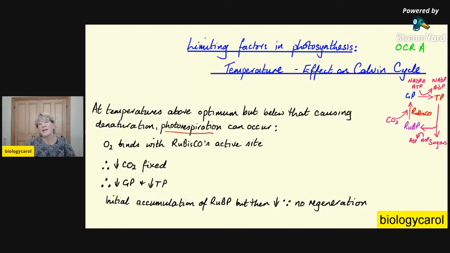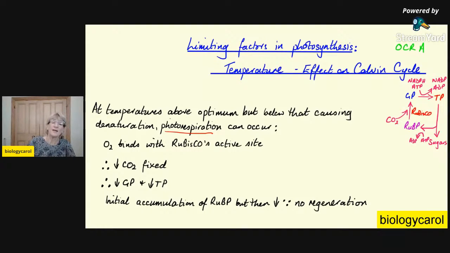There will be an initial accumulation of RuBP because it is being held back because it can't react with carbon dioxide. But in the end, the amounts will go down because it isn't being regenerated by TP, because no TP is being made.